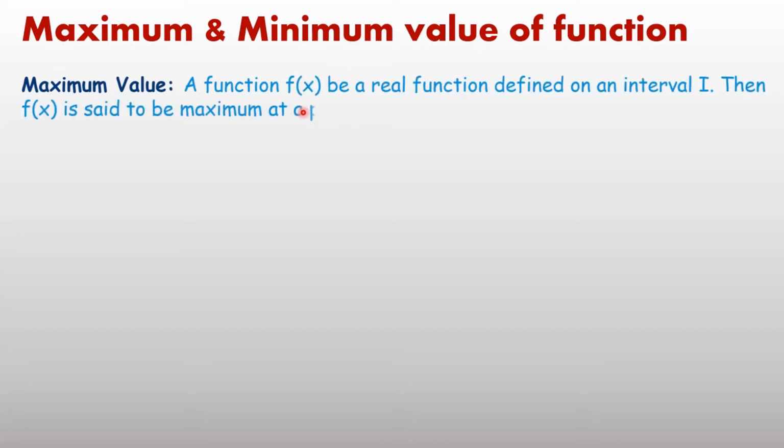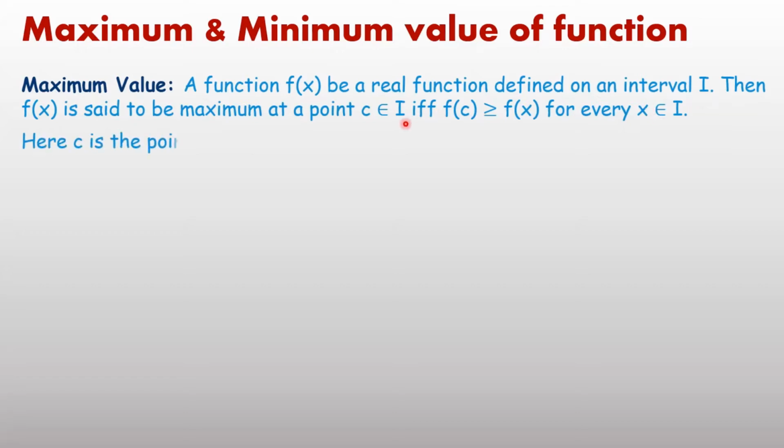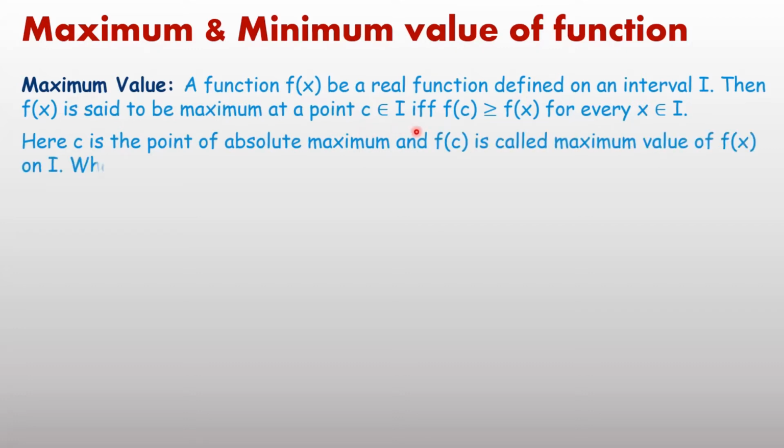If any real function is given which is defined in the interval I, then I represents the domain of f(x). Then f(x) is said to be maximum at x equal to c, which is an element belonging to interval I, such that f(c) is greater than or equal to f(x).